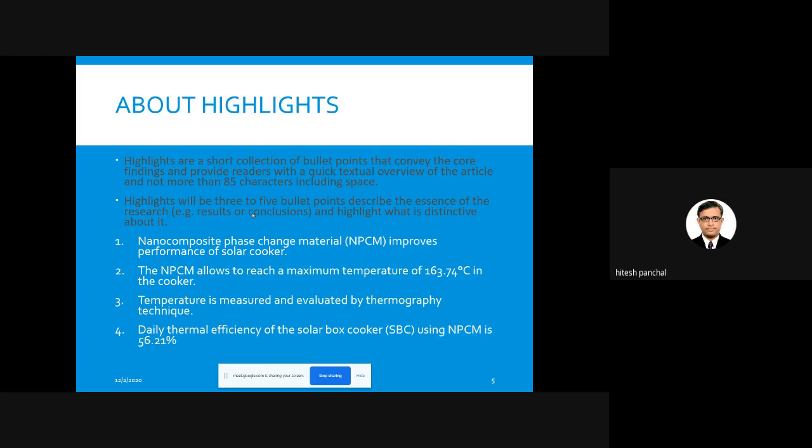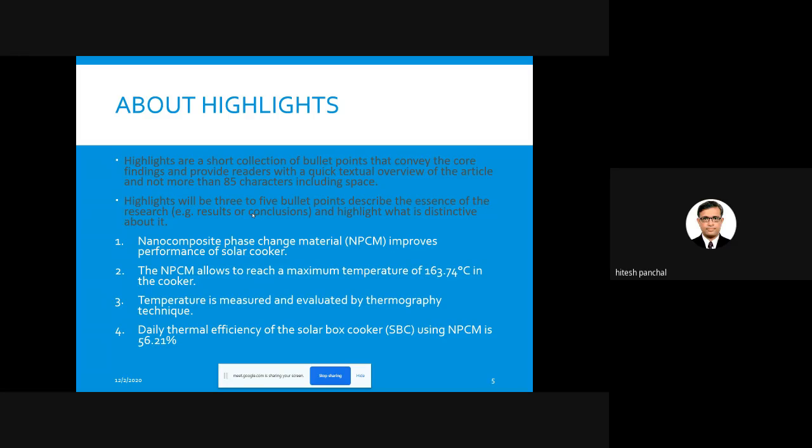It was around nanocomposites. I put the highlight that nanocomposite phase change material improves the performance of solar cooker. From the highlights, the reader can understand that they don't need to read the whole paper, but this paper shows the improvement in the performance of a solar cooker with the nano phase change material.